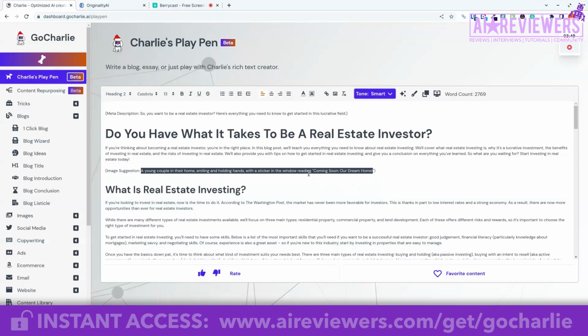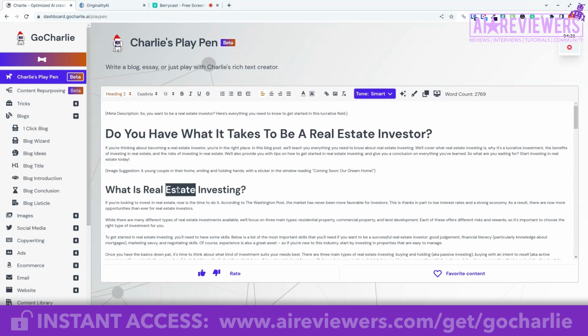You can then use this in GoCharlie's image generation module to generate a completely unique, totally custom AI generated image that can then be used in this section of the article. And that's all this is referring to. But in this video, we're not going to focus on the image generation capabilities of the tool. We're just simply going to be focused on the long form output capabilities.